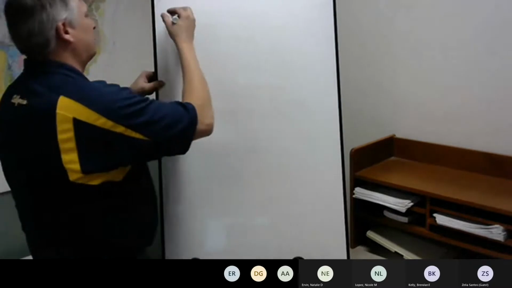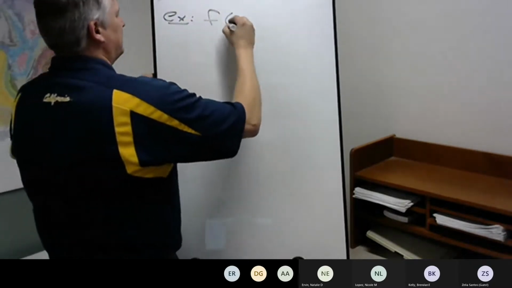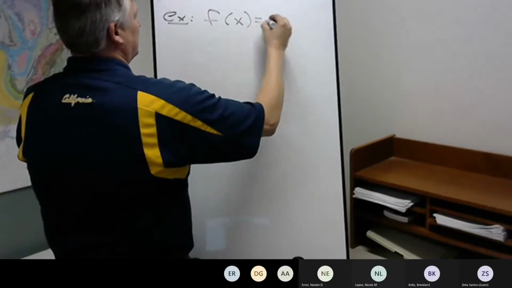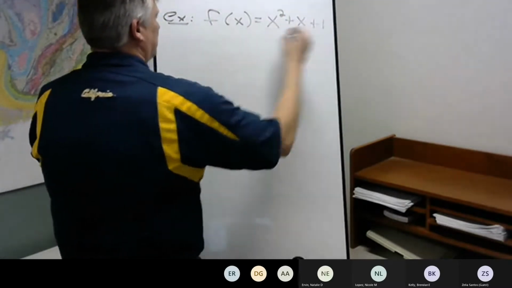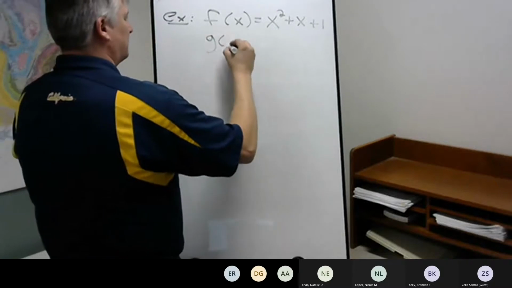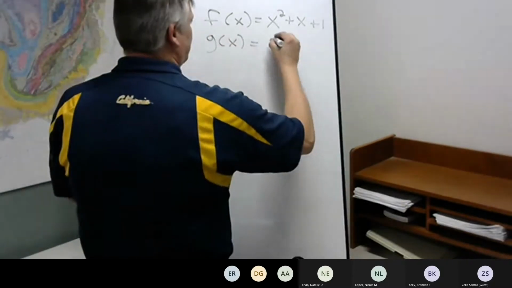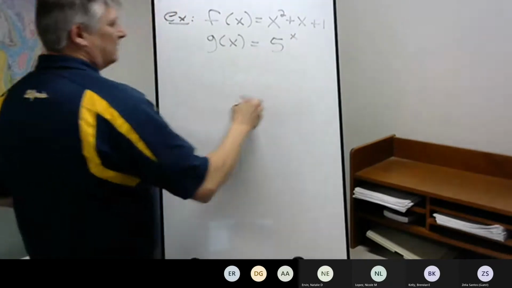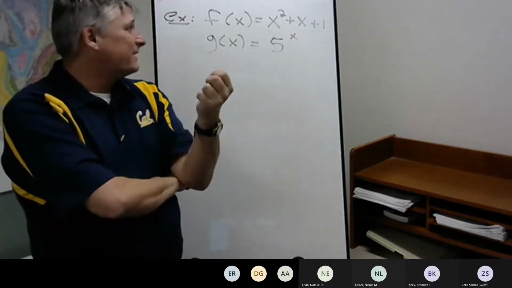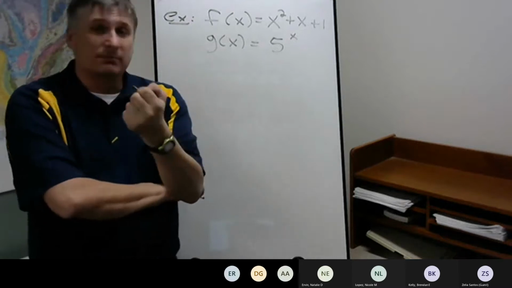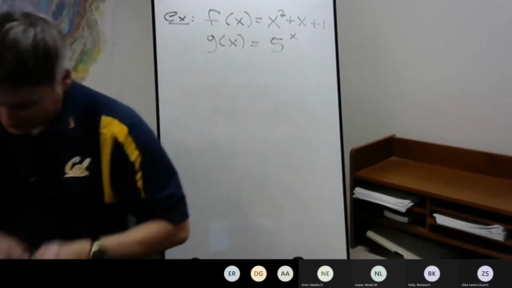So let's say we have something like this. We have f of x is x squared plus x plus 1, and g of x is 5 to the x.